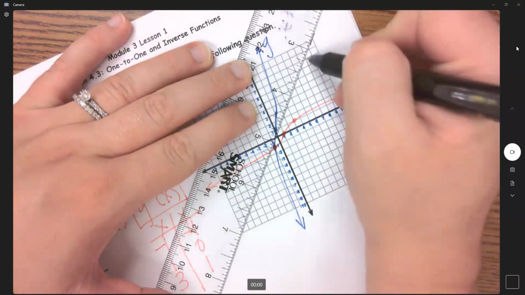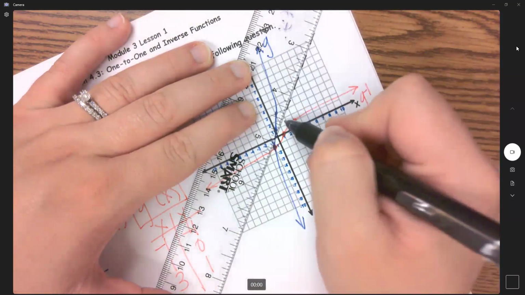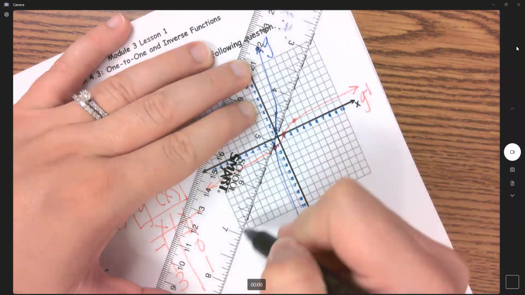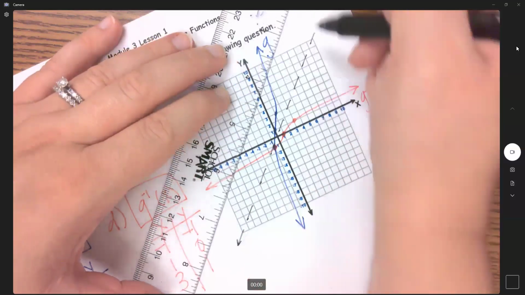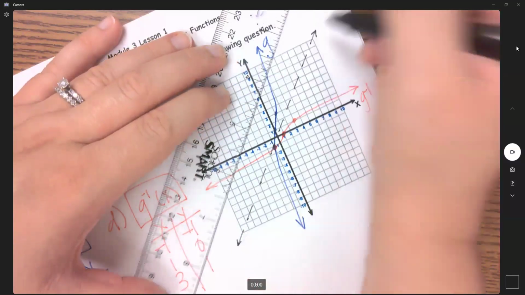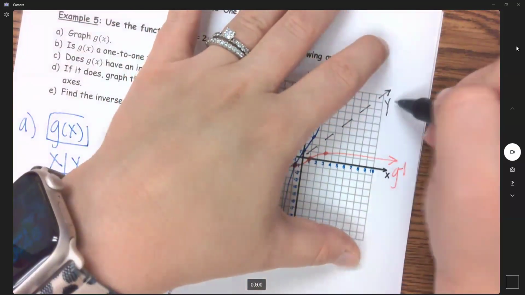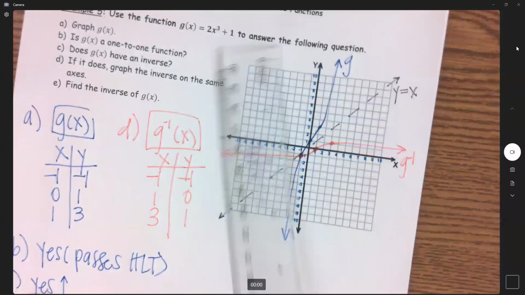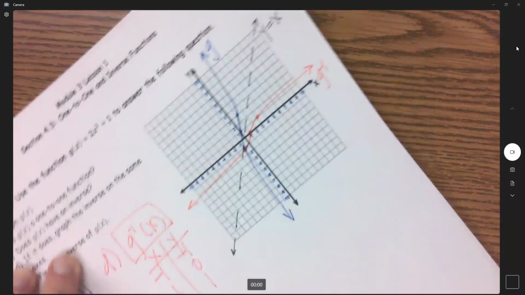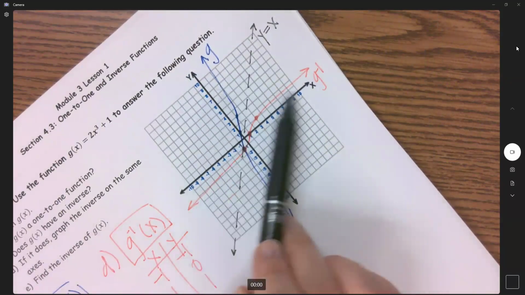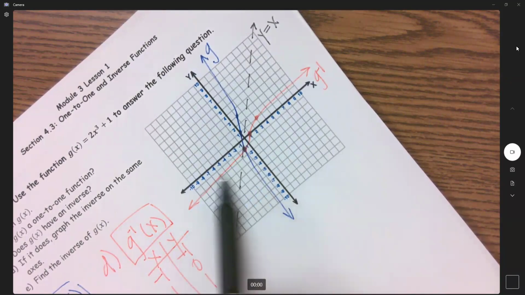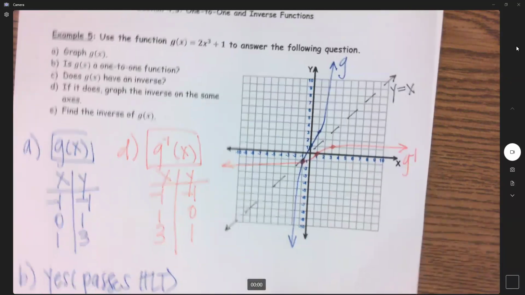I'm going to do a dashed line. This is my y equals x line. So we can see everything is equidistant from that line of symmetry.